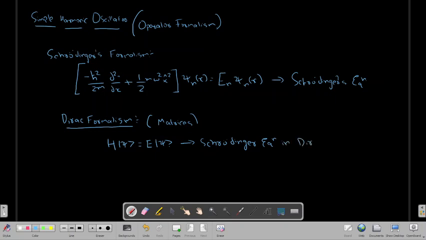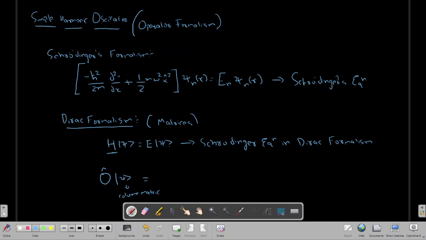What Dirac formalism says is that any operator, like a Hamiltonian operator or any other operator, can be represented with a matrix. Any state can be represented with a column vector, a column matrix.